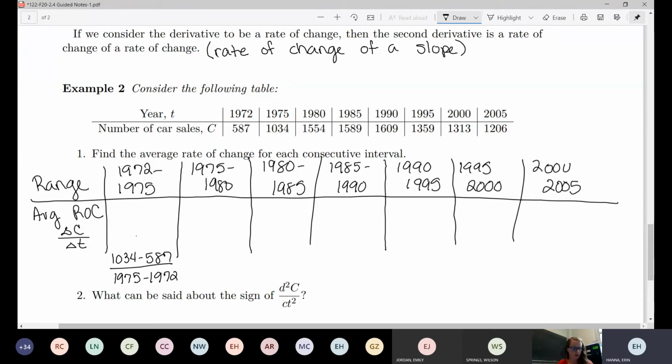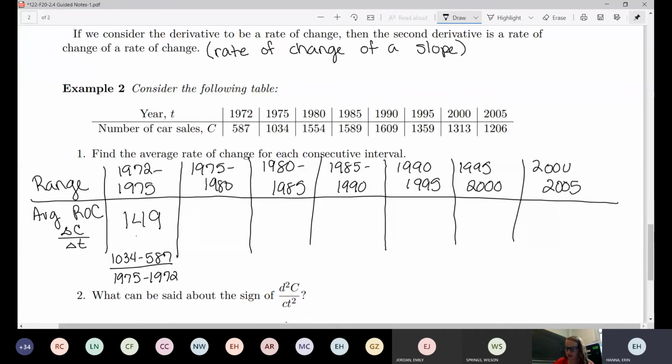Let me just triple check that my answer in my notes is right. Oh, no, I'm just dumb. So you get 149 from that.